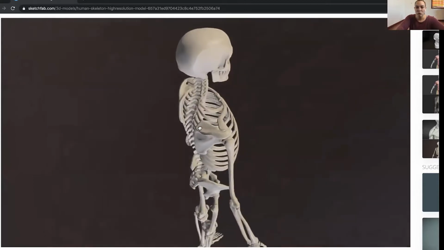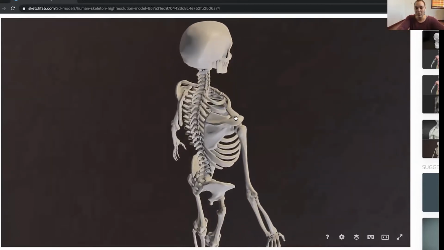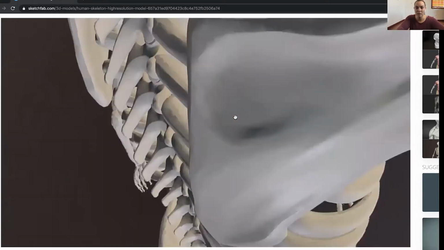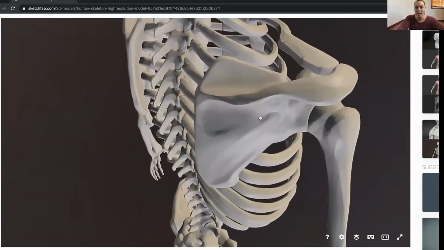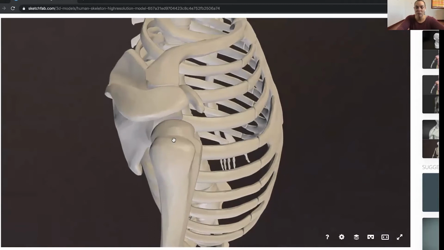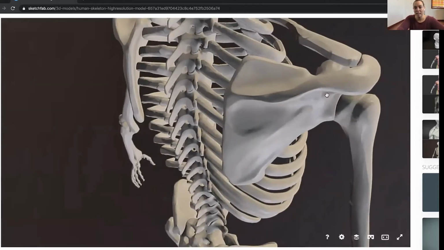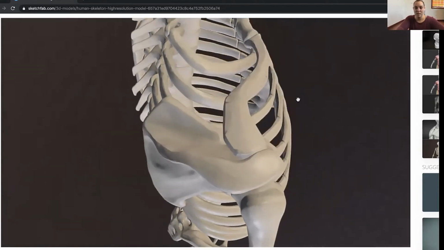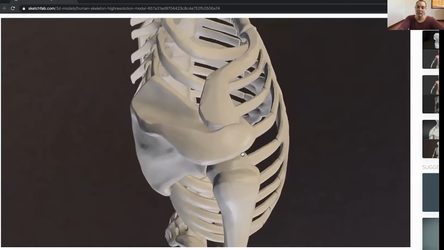This one is a little bit more complicated in the sense that you have a couple of different bones all coming together in one place. And so here you can see that humerus bone connecting in with that scapula or shoulder blade. And then you even have the collarbone that's intersecting into this point.